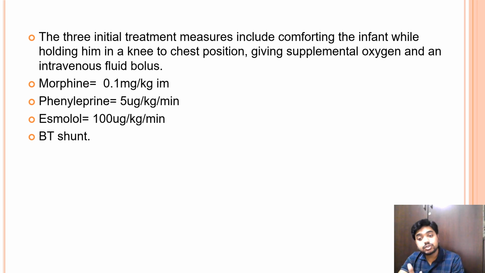The completely desaturated blood from the left ventricle goes to the brain, causing hypoxic injury. The spell may turn into seizure, and from the seizure the child may go into consequences like death.